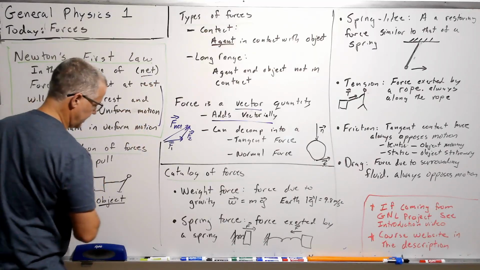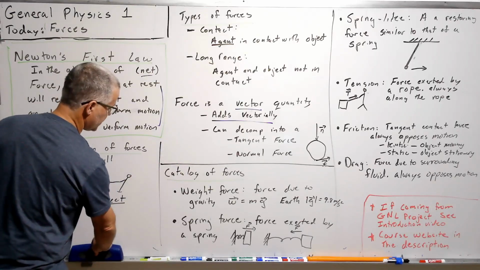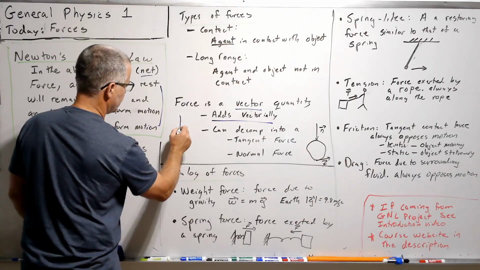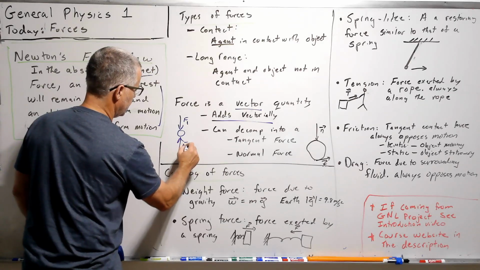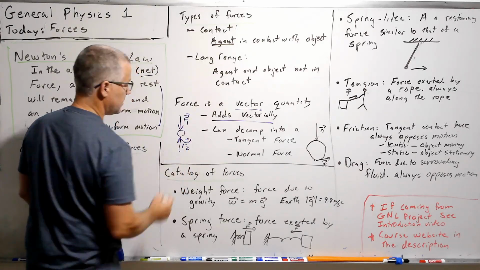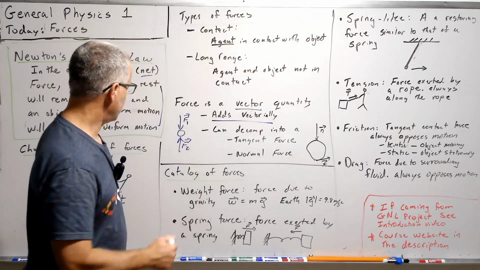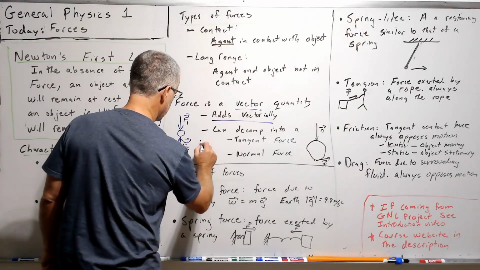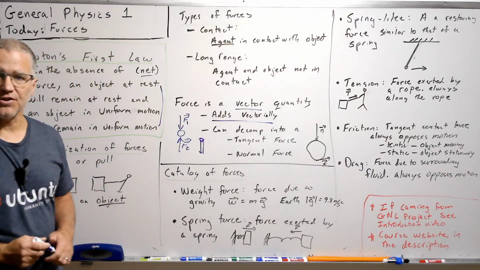So this is why we have the word net here. Let me just take a little aside here. We certainly could have a situation where we have, say, a downward force F1 on an object and an upward force F2. They're equal but opposite directions. So as vectors, we would add head to tail, down, up, and we would have a net force of 0.